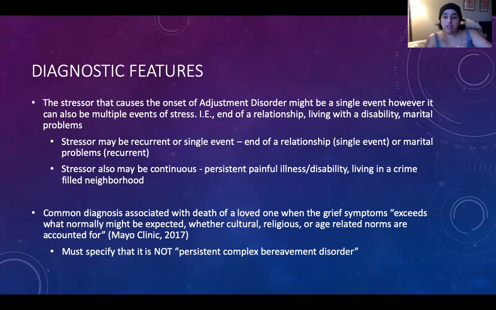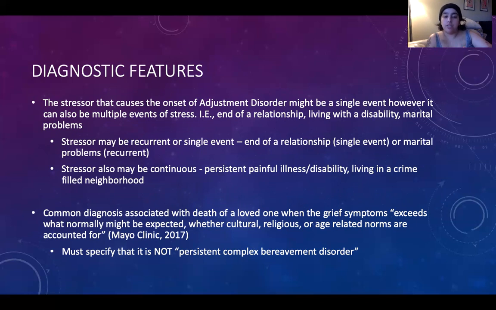A single specific event might be like a breakup, or marital problems, which is a recurrent event because it's the same thing, it just keeps happening over and over again.